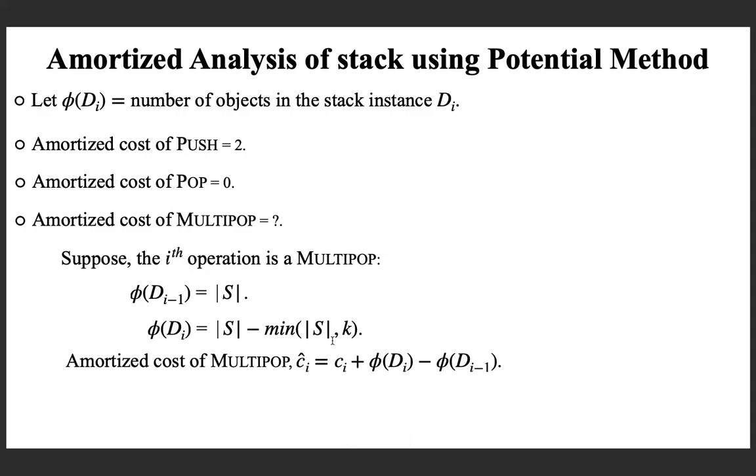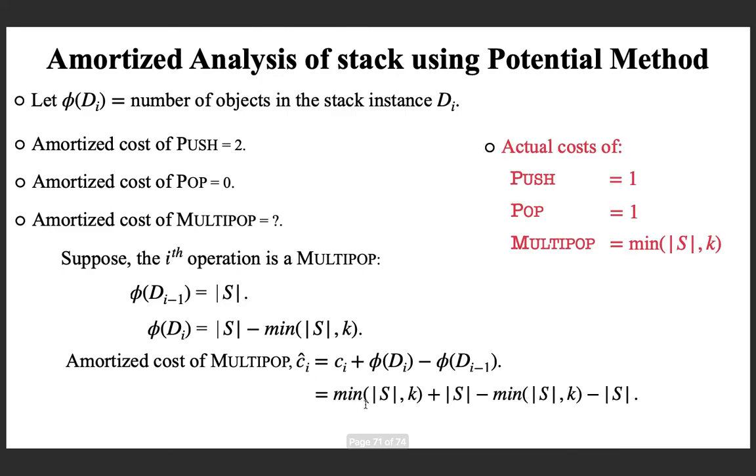So now you apply the formula for obtaining the amortized cost of multi-pop. Substitute the values. You know that the multi-pop actual cost is the minimum of this. This is the actual cost for Ci, plus substitute the value of this function, that is what you are obtaining here, minus the value of this is this.